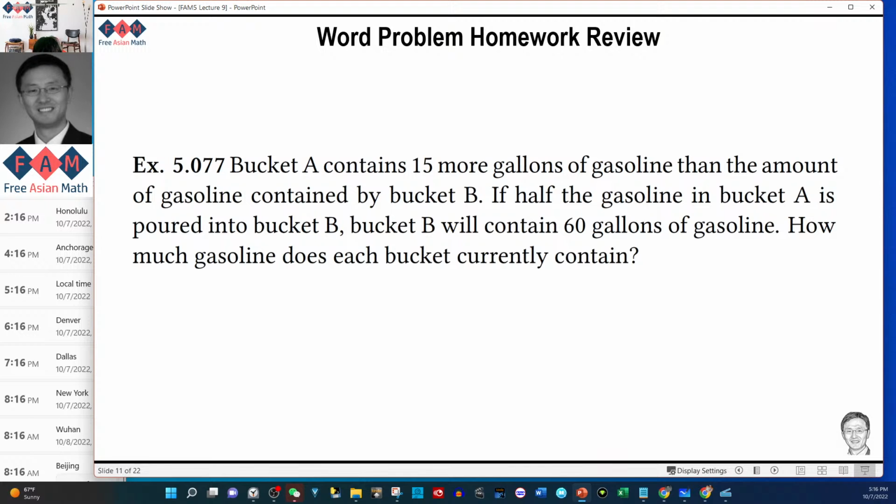A has 15 more gallons than B. If half the gasoline in bucket A is poured into B, then B will contain 60 gallons of gasoline. How much gasoline does each bucket currently contain? So we know we have 2 unknown numbers, A's amount of gasoline and B's amount of gasoline, but we have 2 relationships.